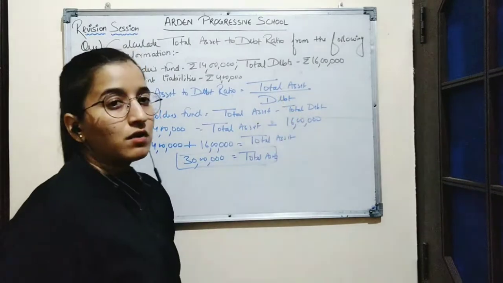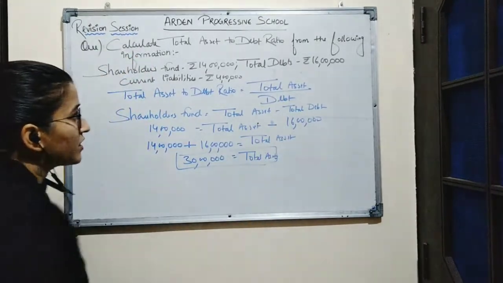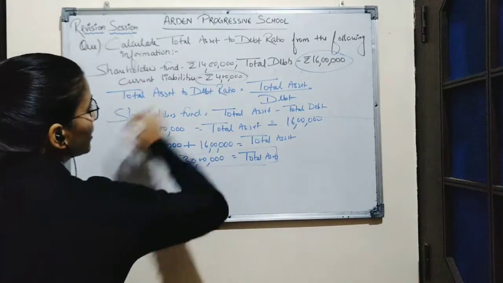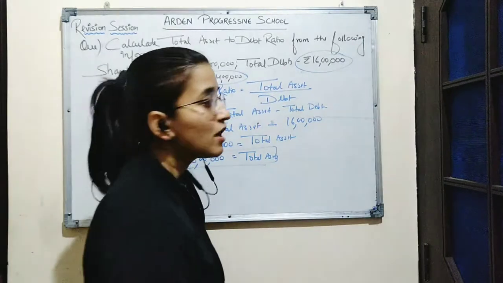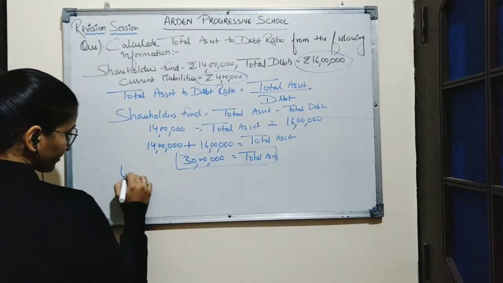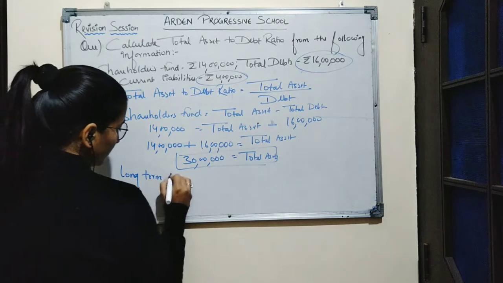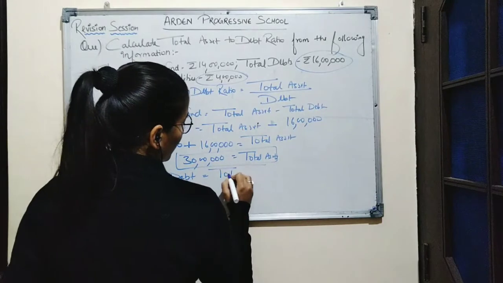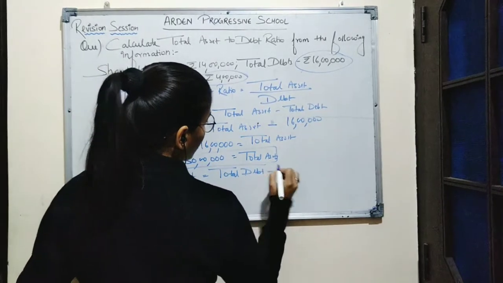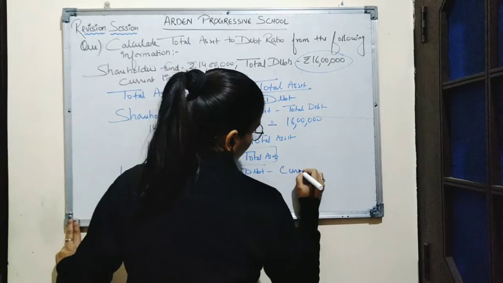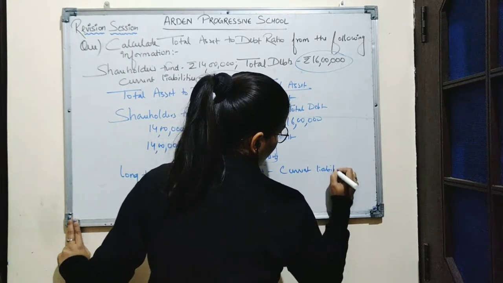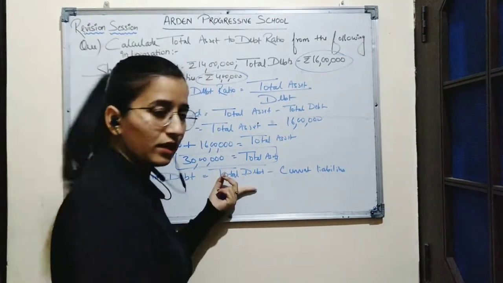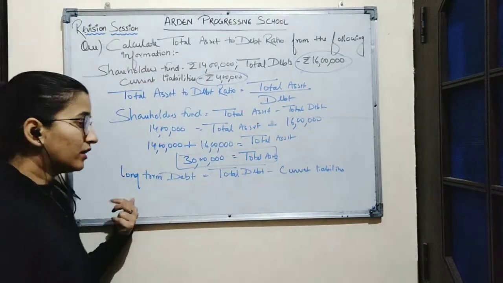Now we will calculate the amount of debt. So in the question it is given amount of total debt is rupees 16 lakh, out of which current liability is amounted to rupees 4 lakh. So here long term debt will be calculated as total debt minus current liabilities, which means by deducting current liability from total debt we get the amount of long term debt.